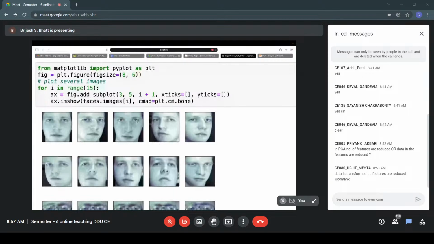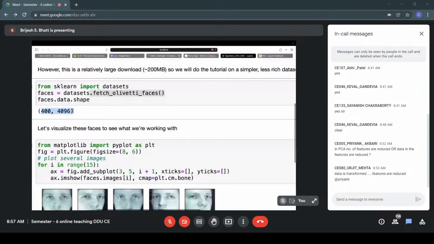And what we want to do is reduce the dimension of this face data set. Right now, if you just take image as an input, data.shape is 400, 4096. So there are 4096 dimensions.